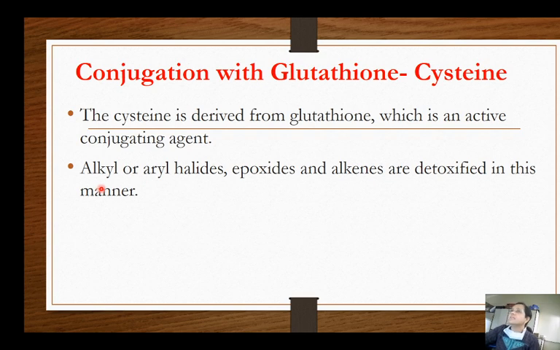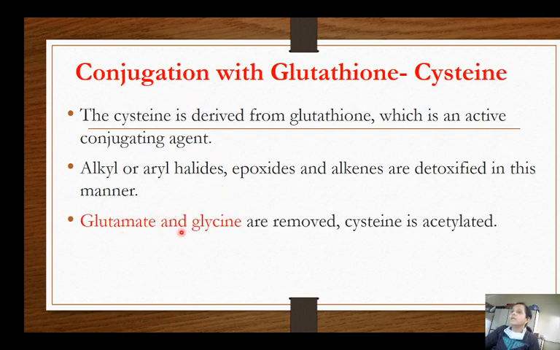What are the groups that are conjugated by glutathione? The alkyl groups, aryl halides, epoxides, alkenes are usually detoxified in this manner. Glutamate and glycine are removed first, then cysteine is acetylated and it retains the xenobiotic.